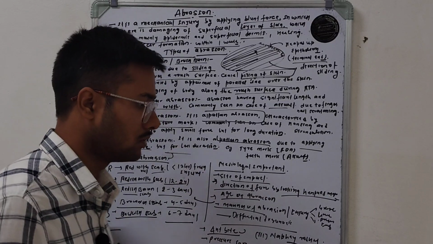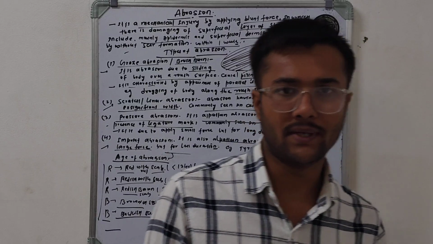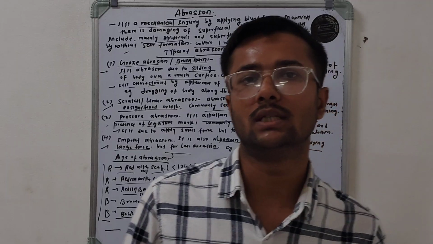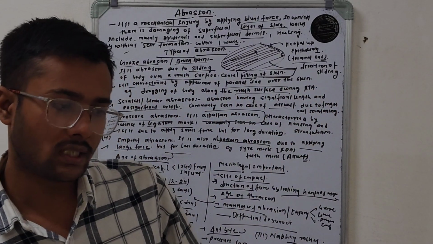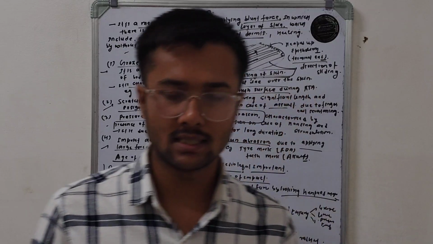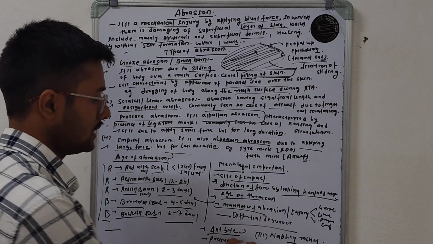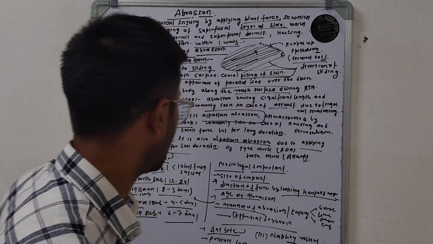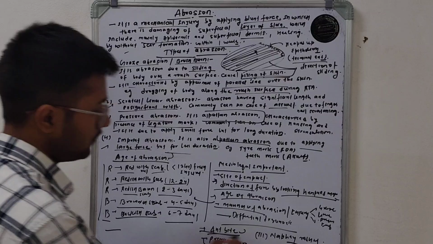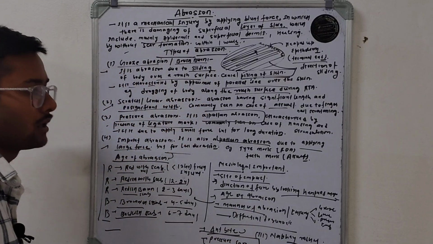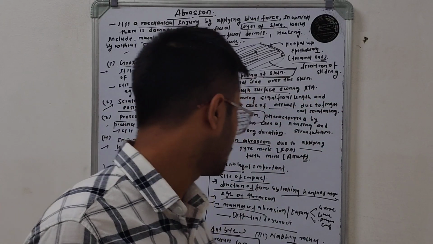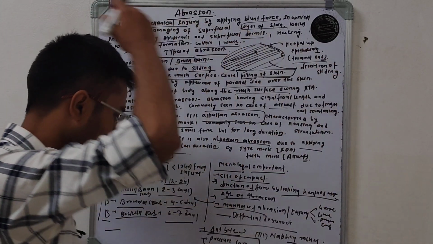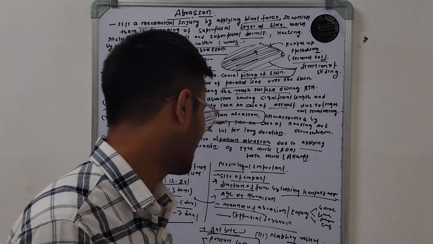Second is pressure sores. In case of a bedridden condition, if a patient is bedridden for 2 to 3 months, due to not changing position there is development of ulcers in the skin, which also get confused with postmortem findings. Why?